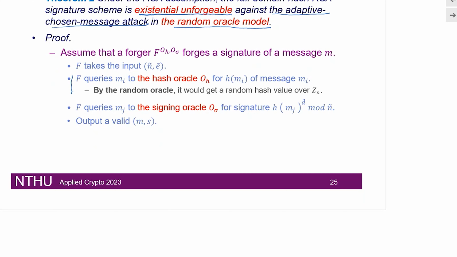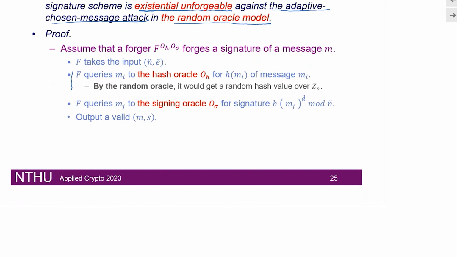This one we are quite familiar with so far. Now we are talking about the signing oracle. After we query the hash function for the message first, we can go back and ask the signing oracle, hey, what is the signature for this message M_j?